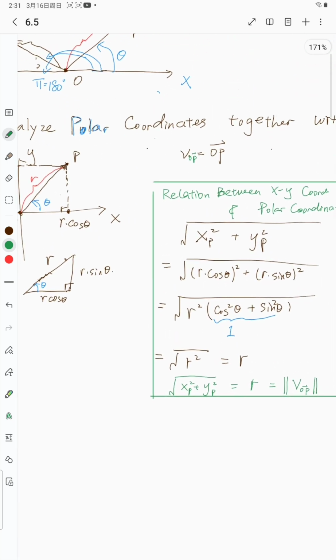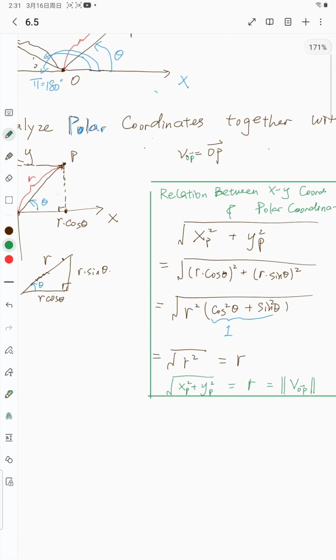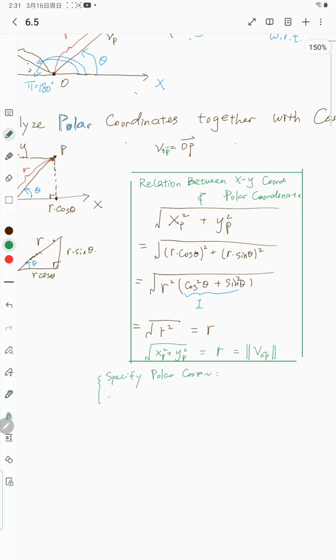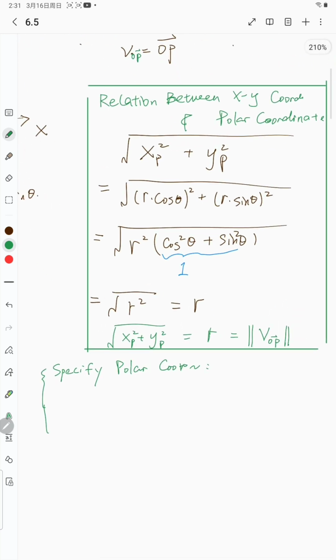Again, if for a specific question you specify polar coordinates, first you need to specify the coordinates, right?